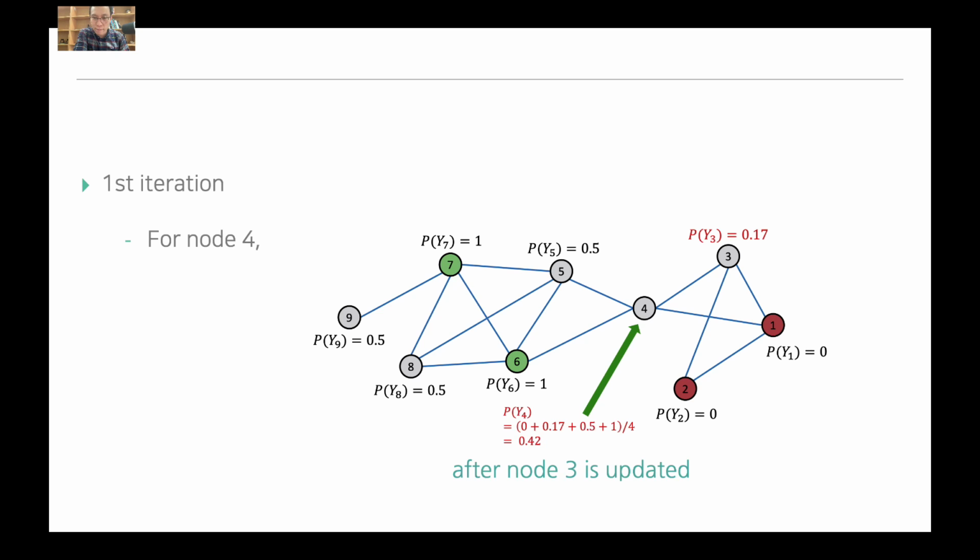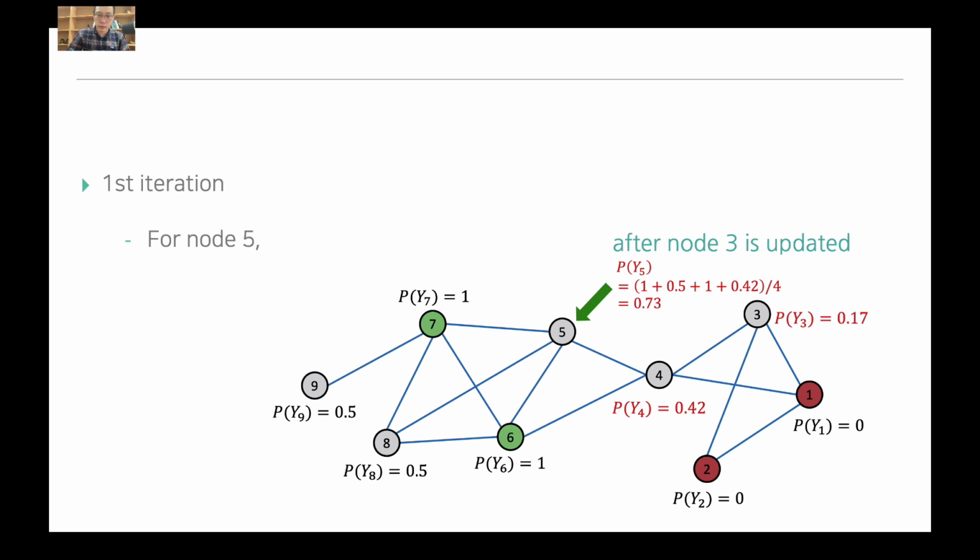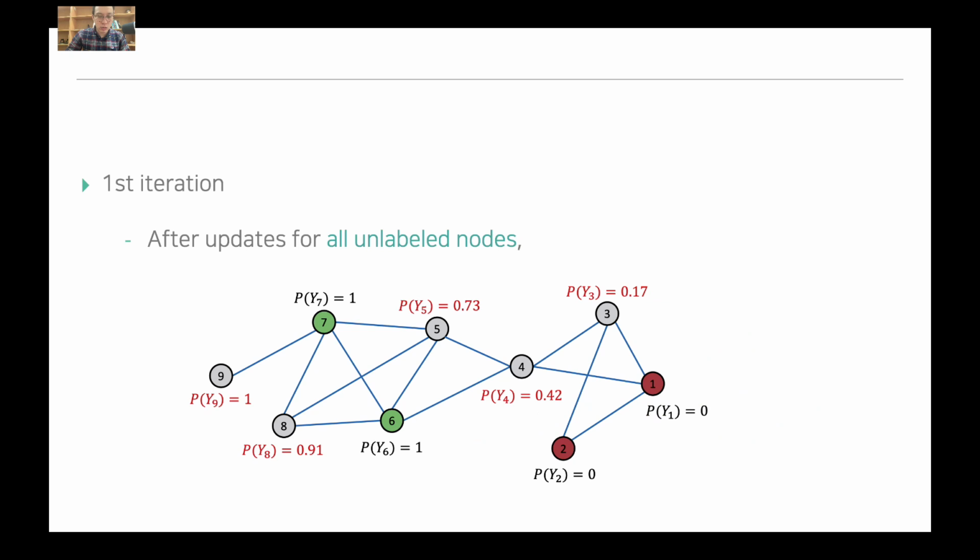So we have 4 neighbors, and then average. And we can put the new probability for node 4. The next is node 5. Similarly, we average the probability by looking at the neighbors' probabilities. And in this way, we can update over the unlabeled nodes.